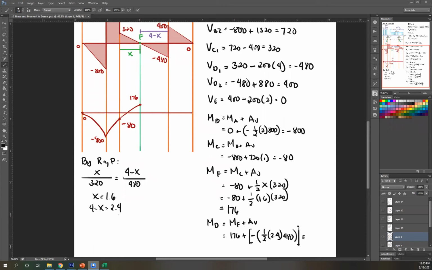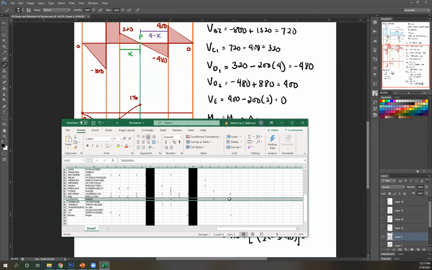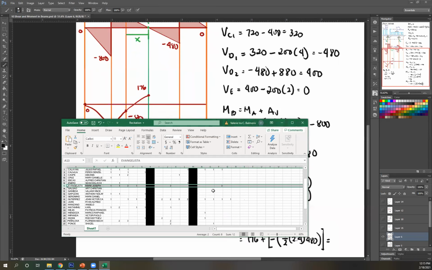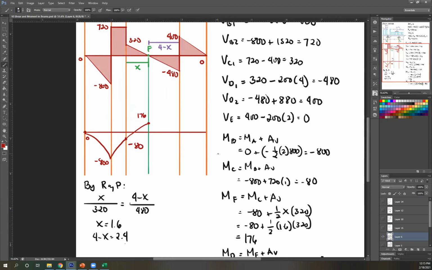What's MD? Correct, Reynel, Agaral, and Evangelista. And John. Okay, so it's negative 400. So now, from 176, area is negative, so I go a downward slope.